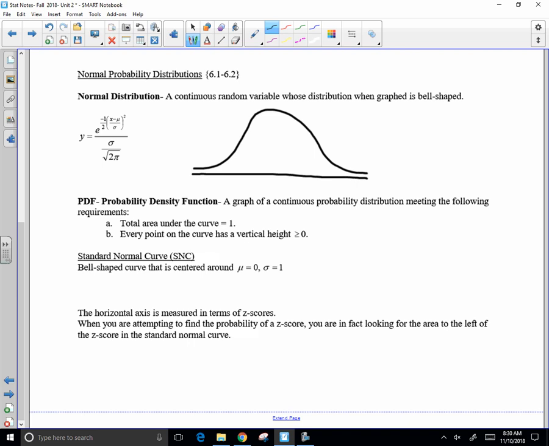This curve is known as a probability density function, which in statistics we call a PDF, but nobody else uses PDF to represent a probability density function. They use it to represent something else.